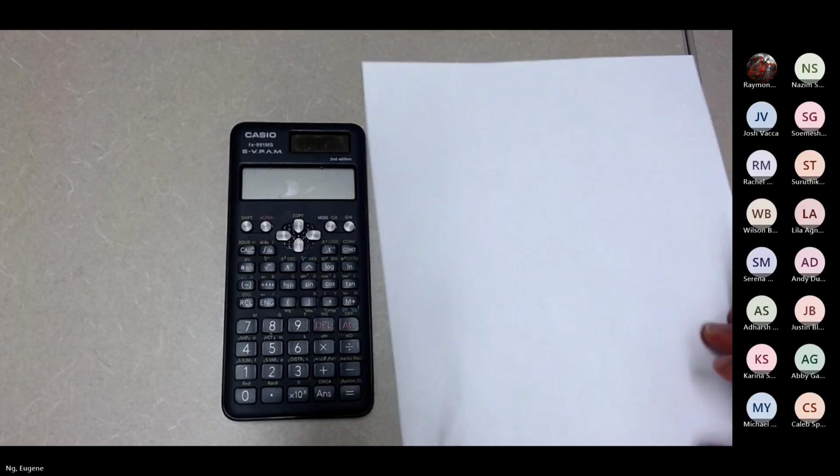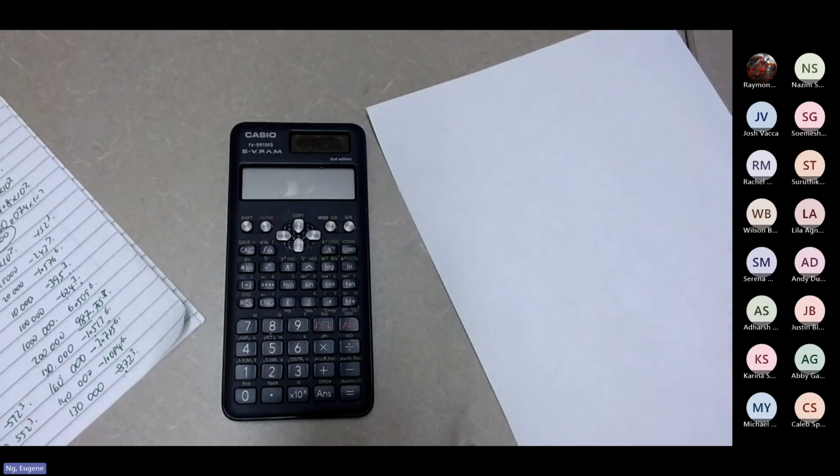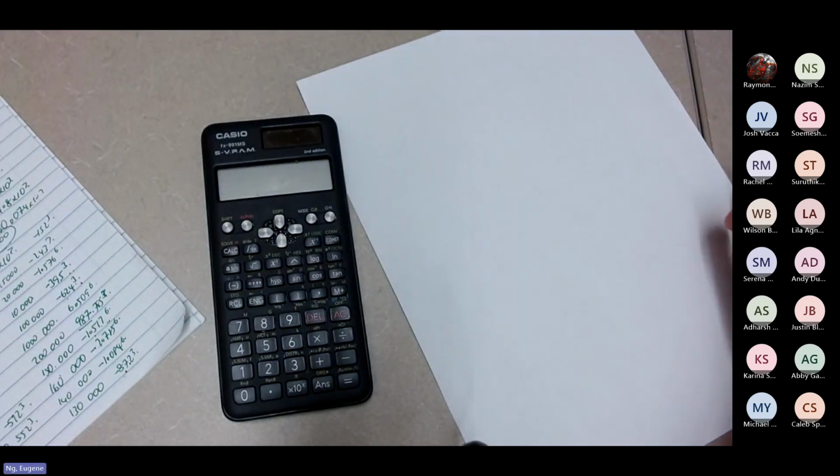I'm going to write out a formula. Okay, I'm going to write out a formula. So the objective, okay, I need to arrange a bit.